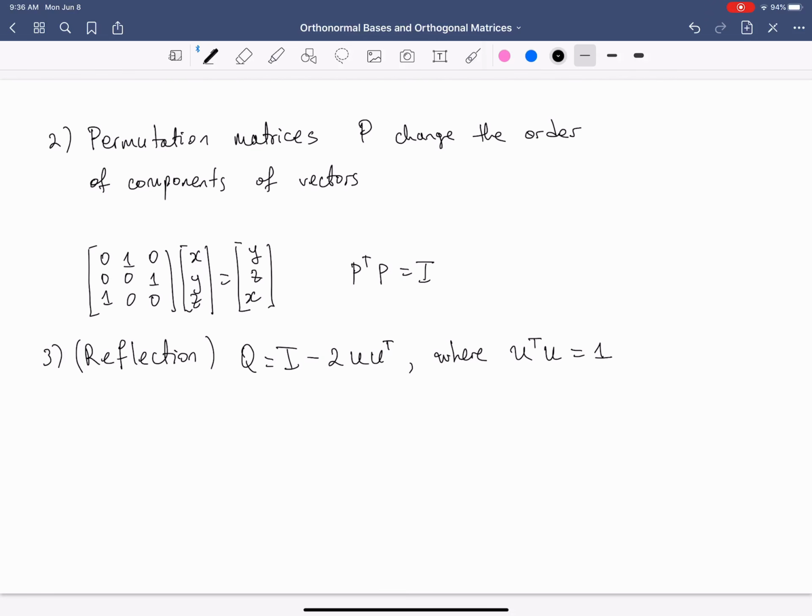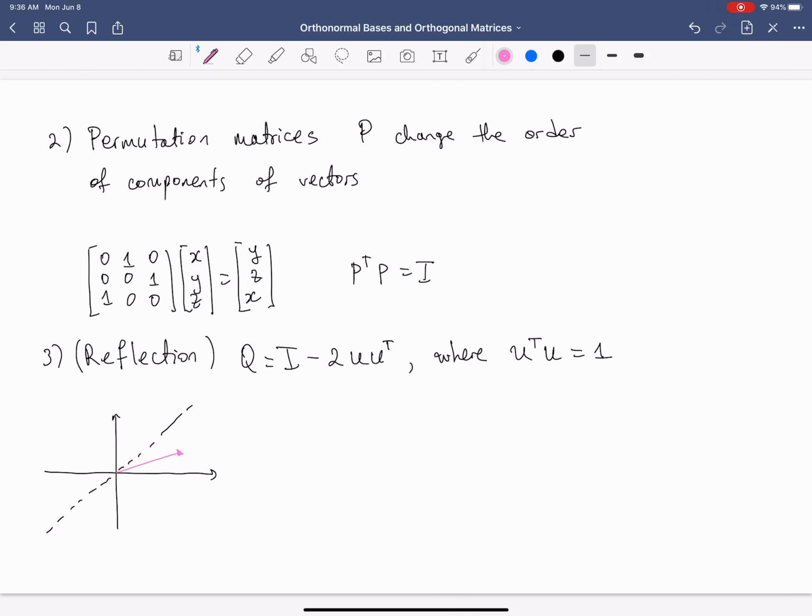Now, I don't have to take them in R3, I could take them anywhere, but the idea of what happens is, just to show this geometrically, you would have, let's say, some vector. A reflection is, imagine you have a mirror, and now you have a vector here.